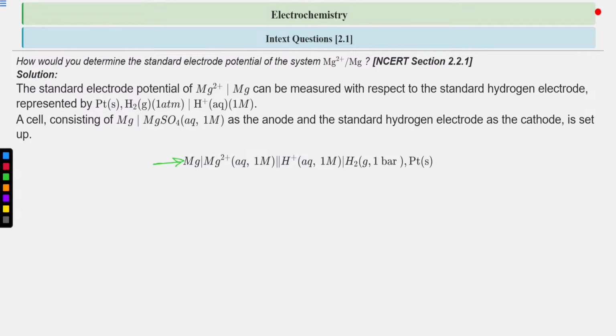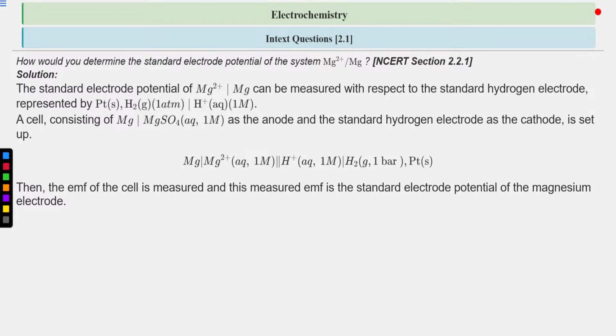Representing it: Mg, Mg2+, salt bridge, H+, H2, platinum. The salt bridge differentiates the two half cells. Then the EMF of the cell is measured, and this measured EMF is the standard electrode potential of the magnesium electrode.